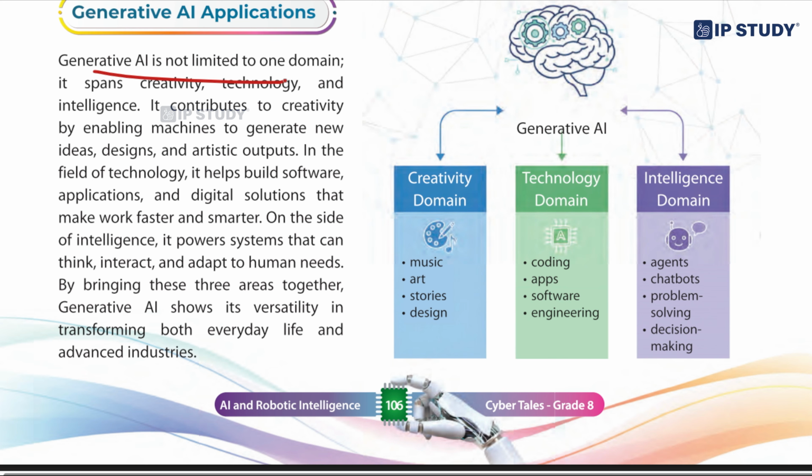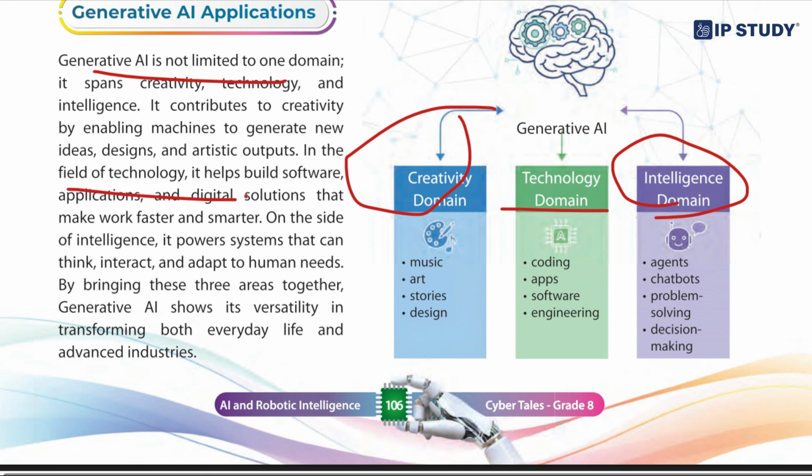Generative AI is not limited to one domain. It helps in the creativity domain, technology domain, as well as intelligence domain. In the field of technology, it helps build software, applications, and digital solutions that make work faster and smarter.